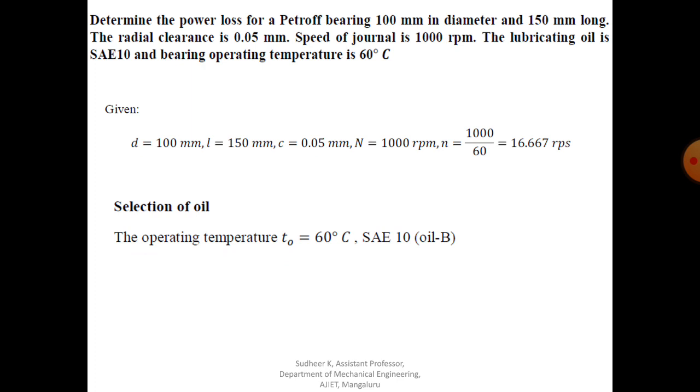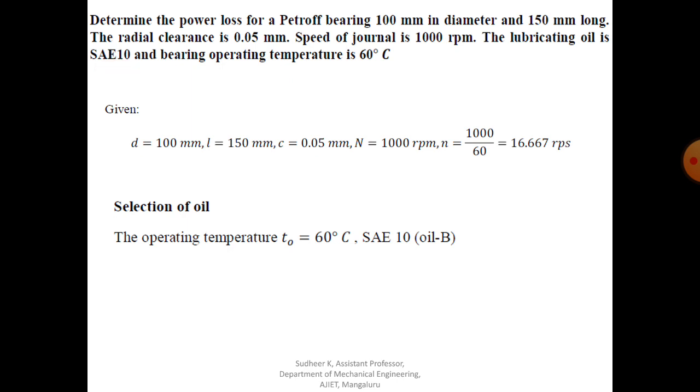Now, selection of oil. The operating temperature of the oil is given, so that is mentioned here, 60 degrees Celsius, and they have given the lubricating oil, that is SAE 10.